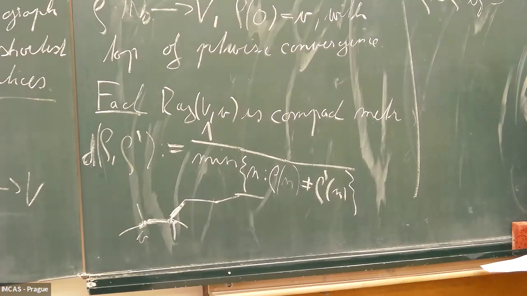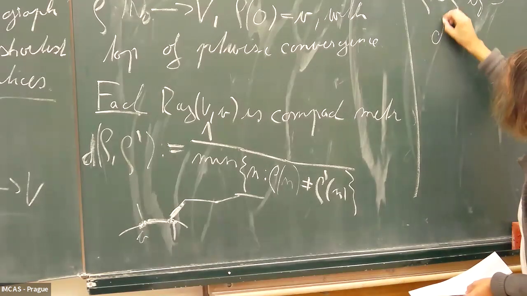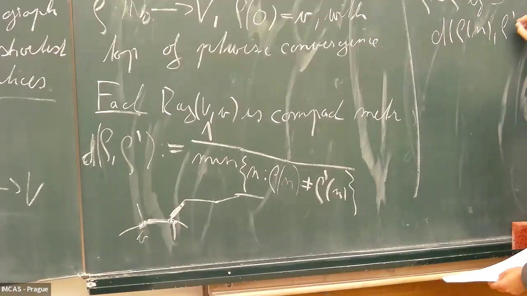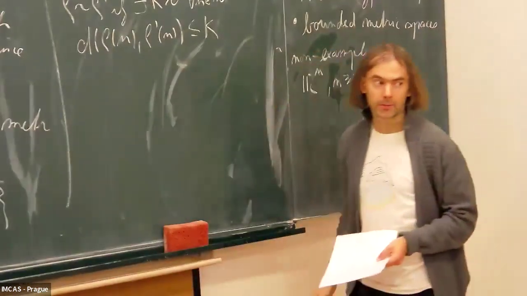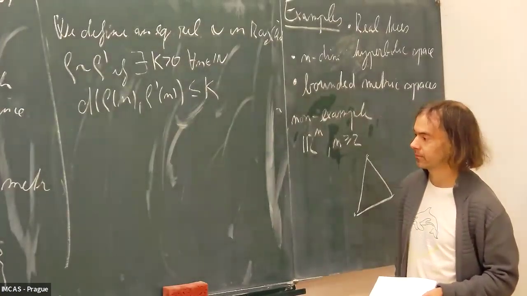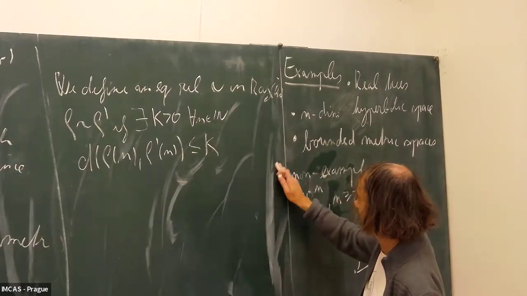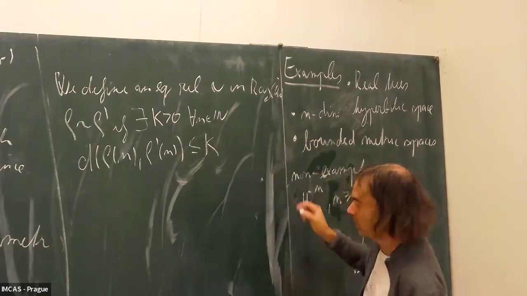So therefore the distance between rho and rho prime is bounded by the constant K. Visually, what is the meaning of equivalence?